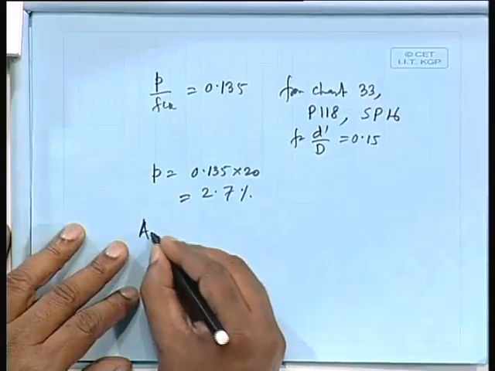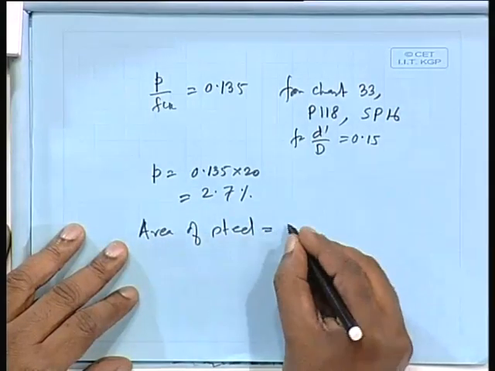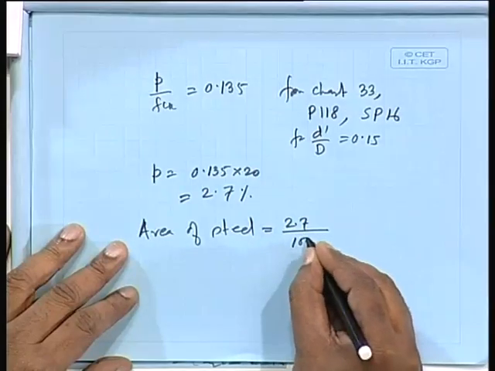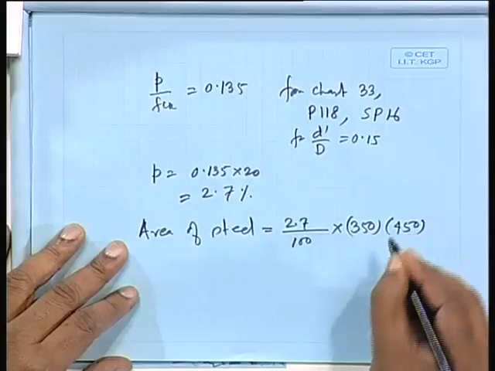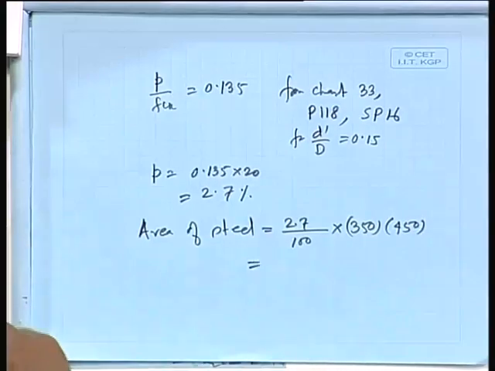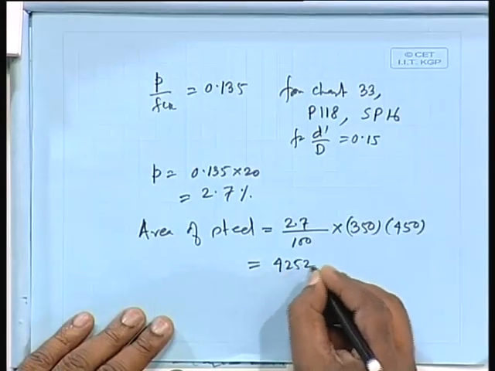So area of steel equal to 2.7 by 100 times 350, that section I have chosen, and times 450, which comes as 2.7 into 350 into 450 divided by 100. So 4252.5.